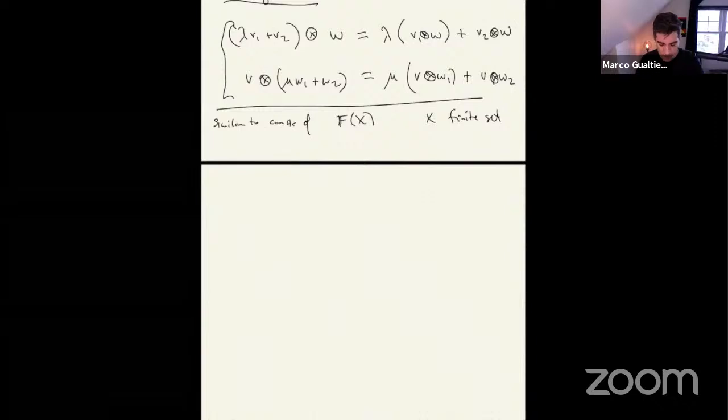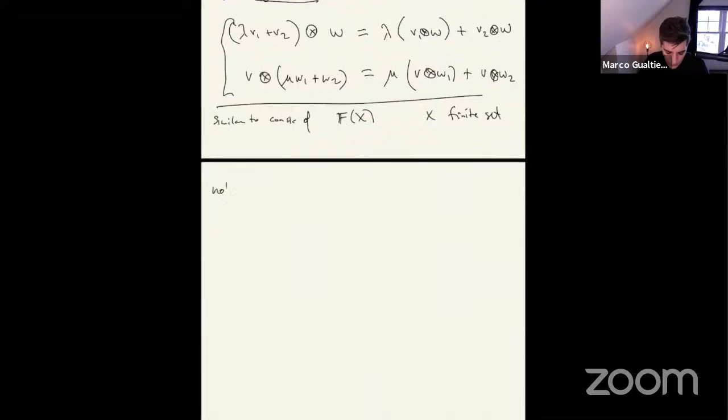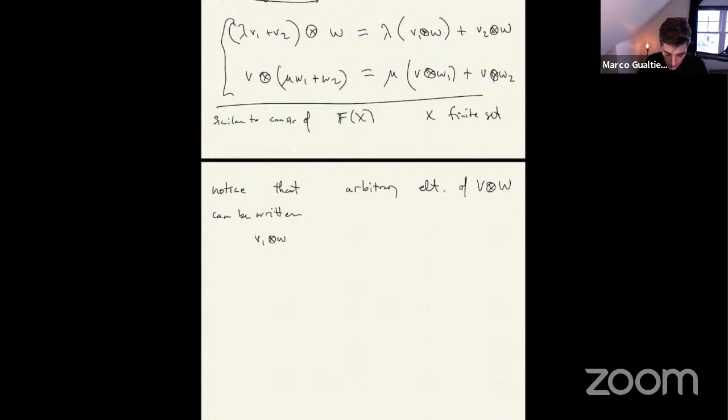Now, what I want to point out is, just notice that if I take an arbitrary element, it will look like this. It can be written as follows: lambda 1 V1 tensor W1 plus ... lambda k VK tensor WK.